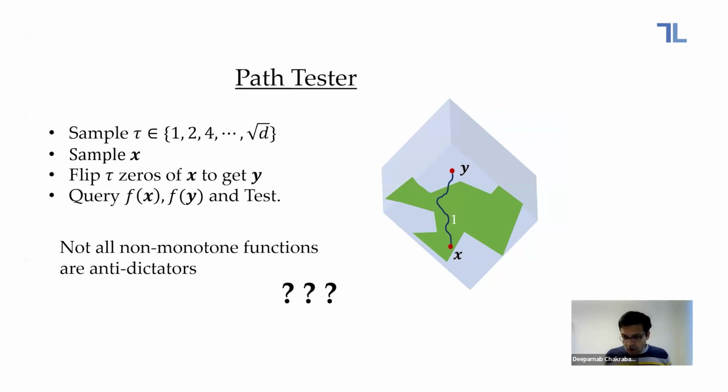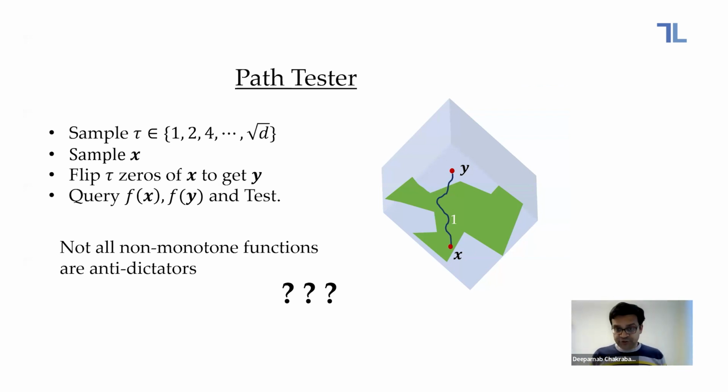Today's talk is in maybe two parts. The first part is for me to explain what these structural results are. The second part is to tell you why these things allow us to analyze the path tester. I will not go into the proofs; given my time from last time, I don't think I'll have time to say anything about them.